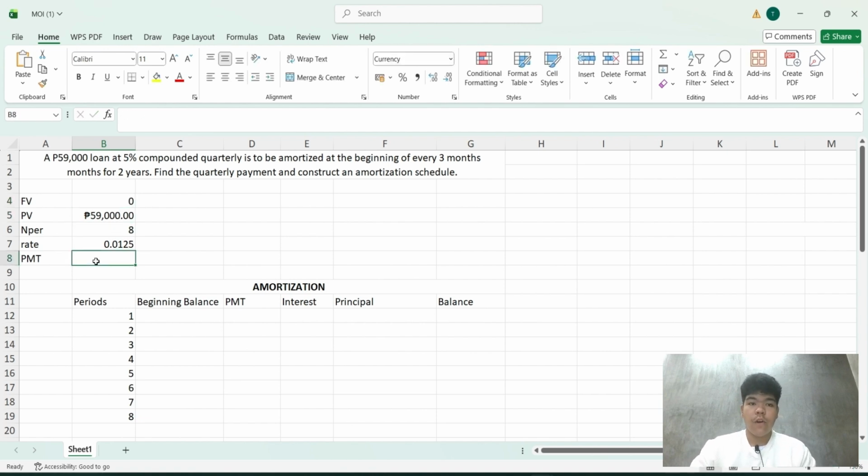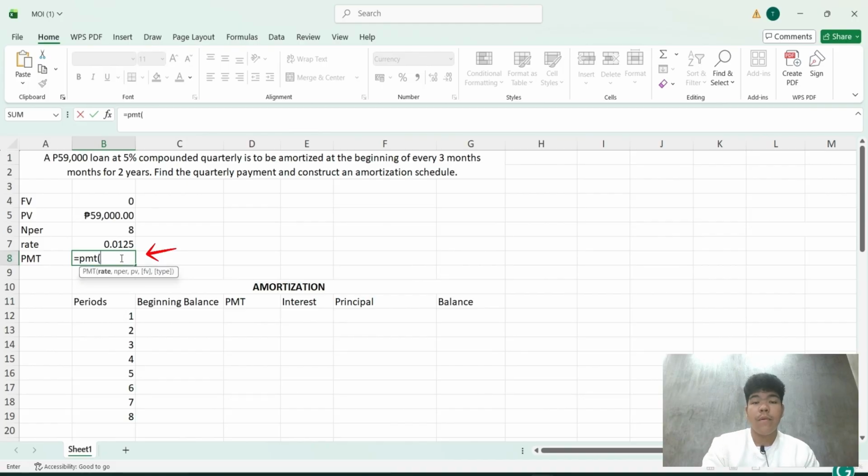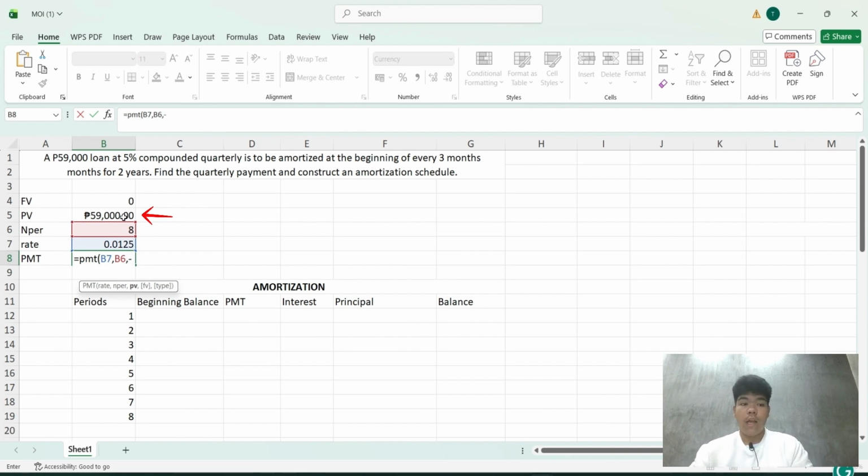Let's move on to our quarterly payments. Now we will get our PMT using the given and stated here. In this cell, we input the equal sign, type in PMT, open parentheses, and follow the order that is stated here. Following it, we first click rate, comma, NPER, comma, our PV. But before I type in my PV, I will input a negative sign in order for us to get our final result.